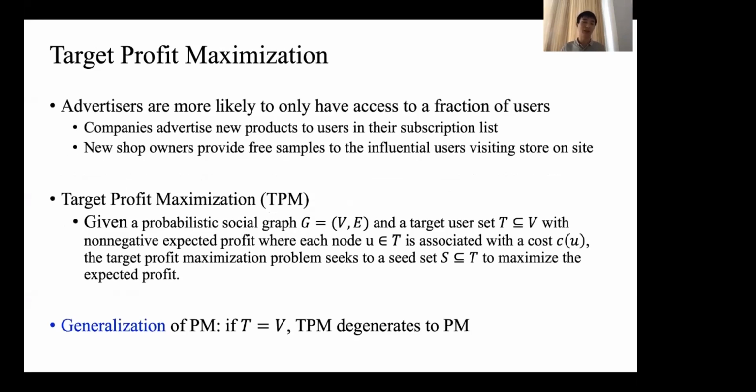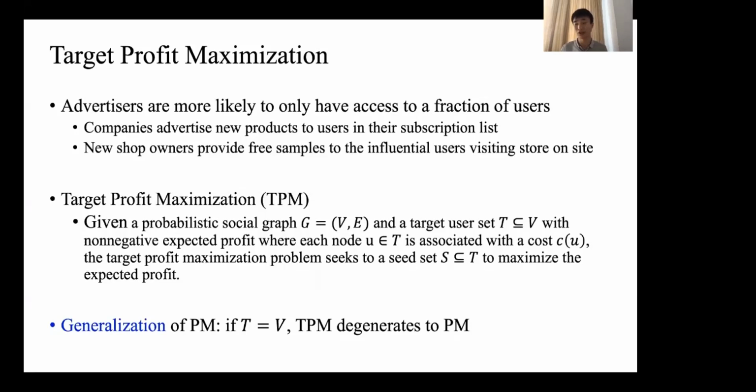Meantime, we observe that some advertisers or companies normally can access only a part of the social network due to privacy and competition issues. For example, the shop owners can only provide or invite the users on the subscription list.